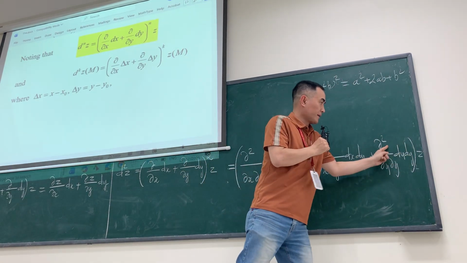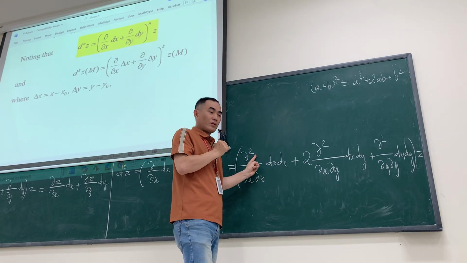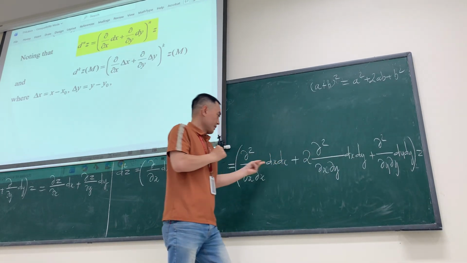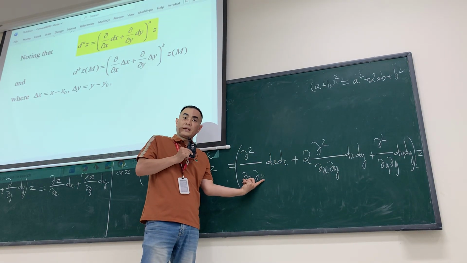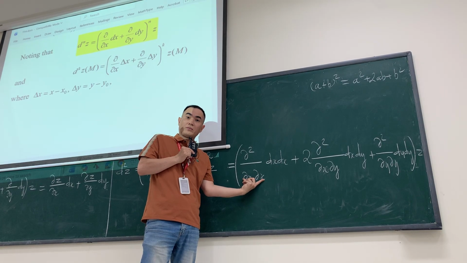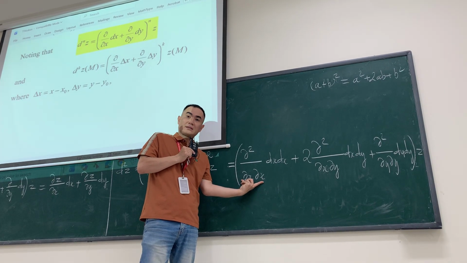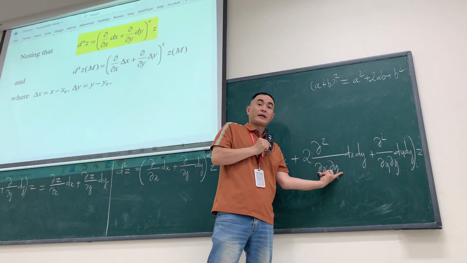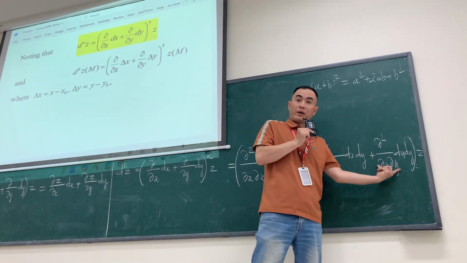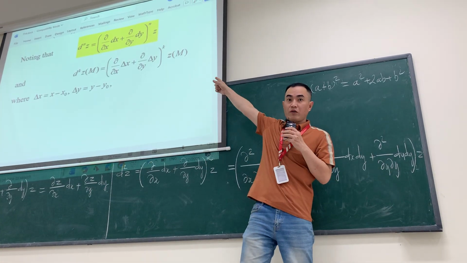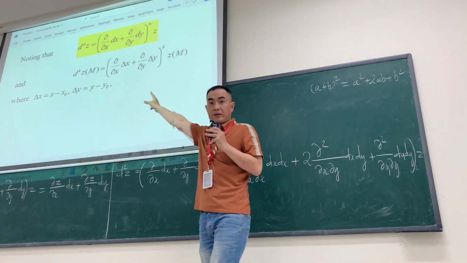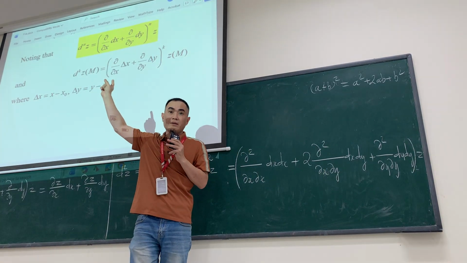When I apply it to z, it becomes the second order partial derivatives with respect to x, with respect to y. That means we obtain the formula for the second order total differential.